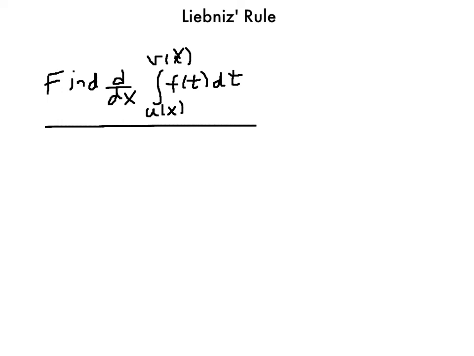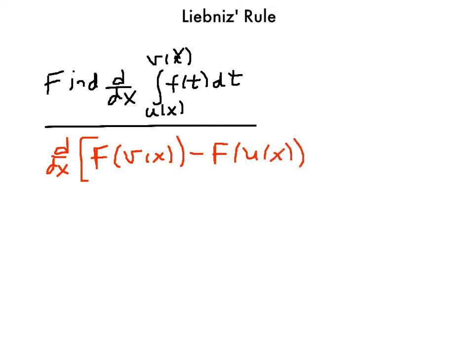And so this equals the derivative with respect to x of, okay, so what does that equal? The fundamental theorem of calculus tells us it's equal to F of v of x minus F of u of x, where we have the relationship that big F prime is equal to little f.